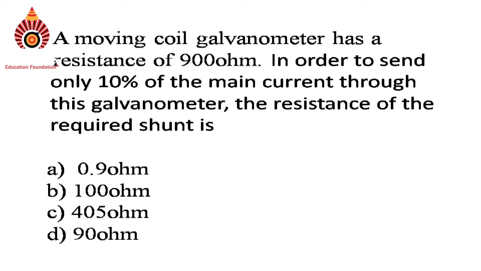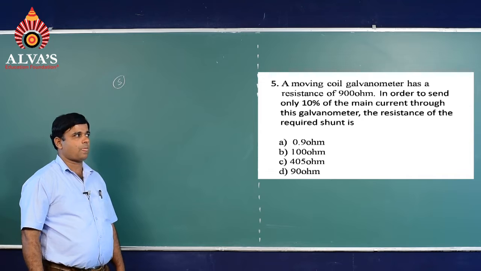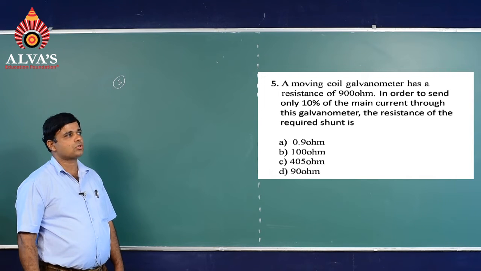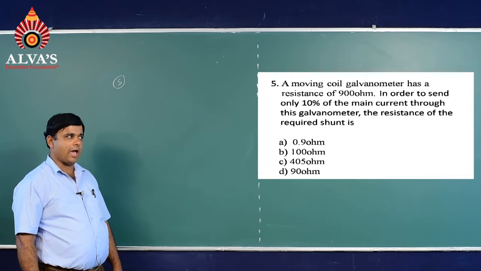Fifth one, a moving coil galvanometer has a resistance of 900 ohm. In order to send only 10% of the main current through this galvanometer, the resistance of the required shunt is. So, this is related to conversion of galvanometer into ammeter.